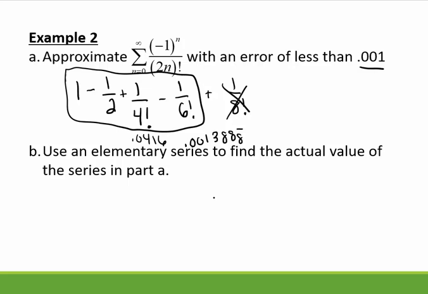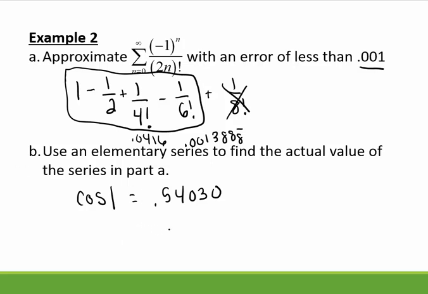Now we want to look at this. What elementary series is that? Or one of our common series. I call these the common series. Which common series does that look like? Where I'm alternating between positive and negative numbers. Well, that's cosine. What's the x value we have plugged in? The cosine of 1. The cosine of 1 is 0.54030. So I wonder if I added those up. I'm just doing this on the fly.